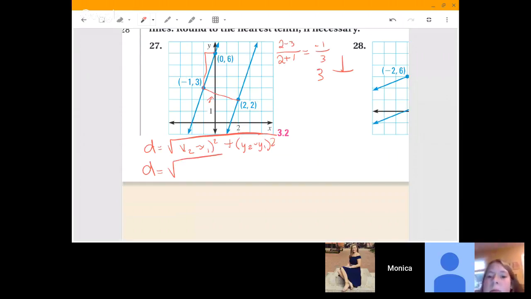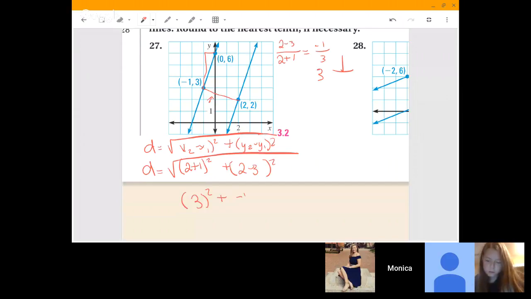So distance equals the square root of x2 minus x1 is going to be 2 minus a minus 1, or 2 plus 1 squared. And then y2 minus y1 is going to be 2 minus 3 squared, okay? So 2 plus 1 is 3 squared, and 2 minus 3 is a negative 1 squared, okay? 3 squared is 9. Negative 1 squared is 1. So that equals the square root of 10.